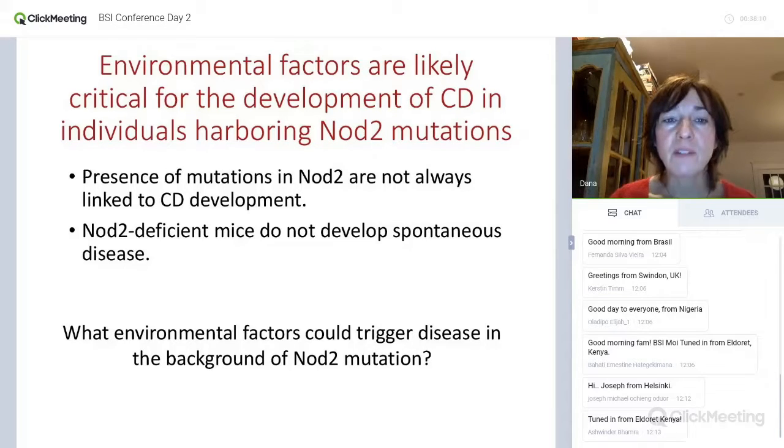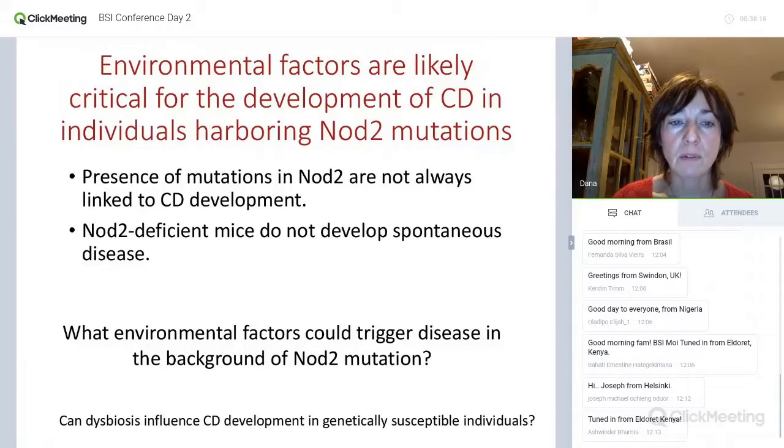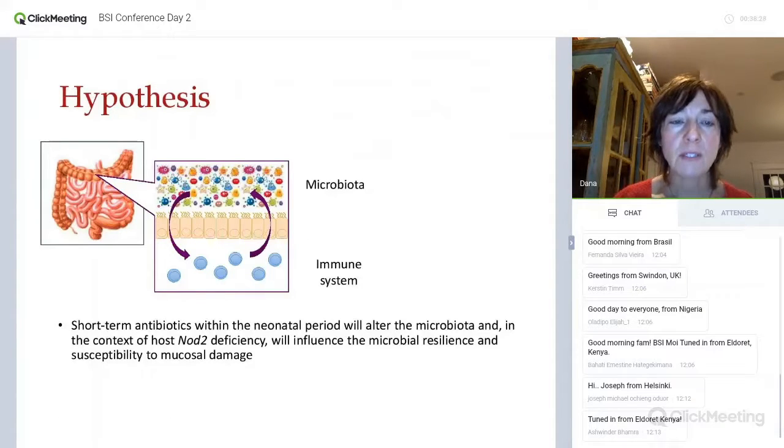So of the environmental factors that might trigger disease in the background of Nod2 mutation, we look at the role of the microbiota, with a specific question of whether dysbiosis can influence Crohn's disease in a genetically susceptible individual. So this is our hypothesis.